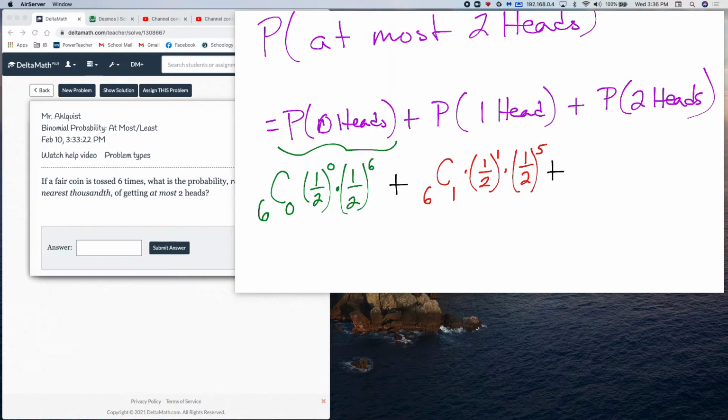Finally, the last one is 6 choose 2. But now we get 2 heads and 4 tails. And then we're just going to do that in our calculator, and I'll let you do that in your calculator. You've seen me do it a number of times. You can just string those together and add those up using that Desmos calculator.